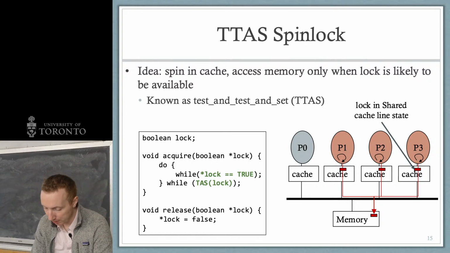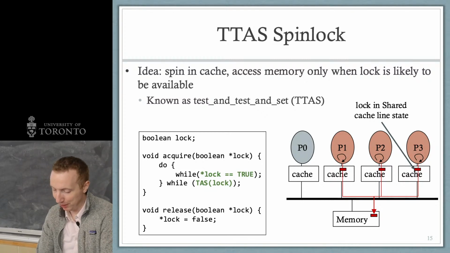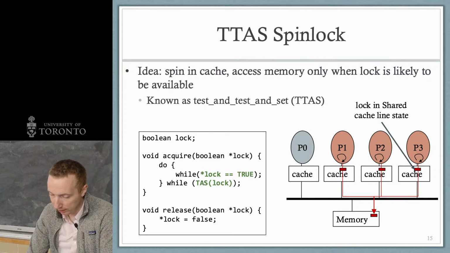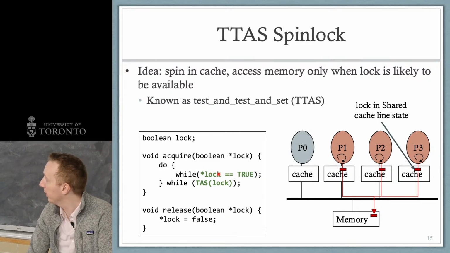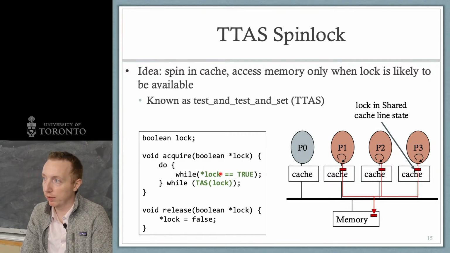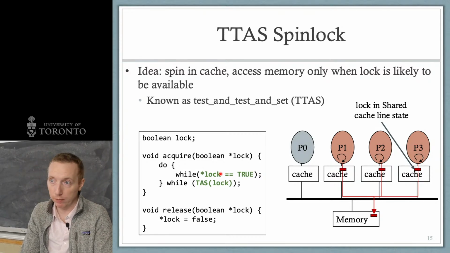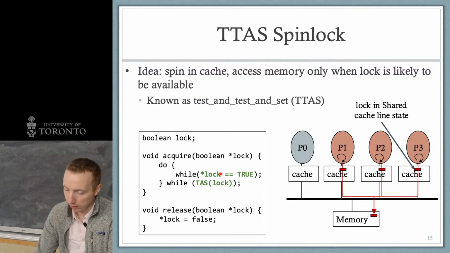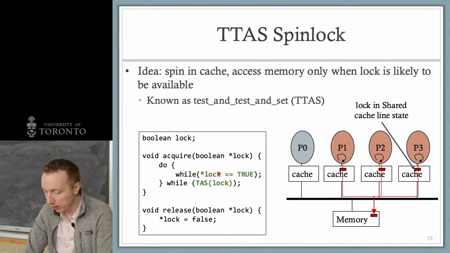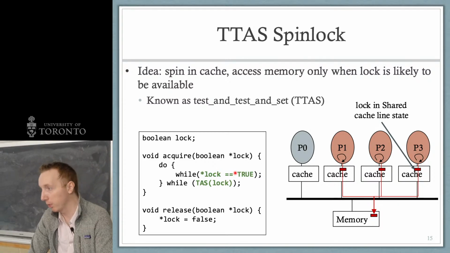So here I have a spin within a spin. I spin while that value is true, and this here is only a read. So it won't have as bad consequences for my caches if I'm only reading over and over again. Likely I will not invalidate the cache until it goes from true to false.